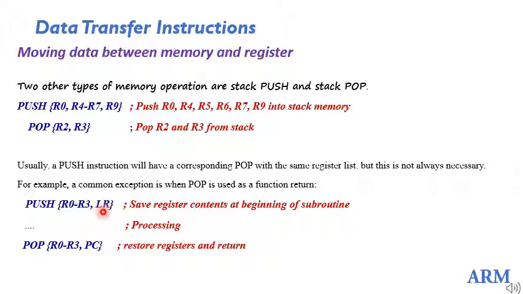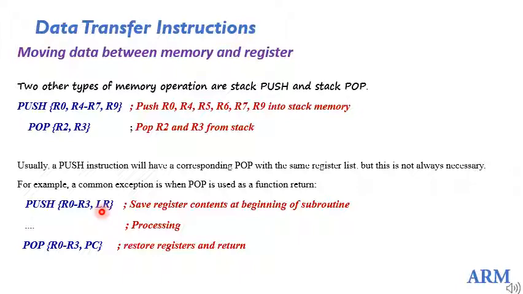So in the main program, whenever you get a subroutine call, the control will move on to execute the subroutine. Once the subroutine execution is over, it has to come back to the main program, that is, the next instruction after the subroutine call. So the address of this instruction will be stored in the link register.